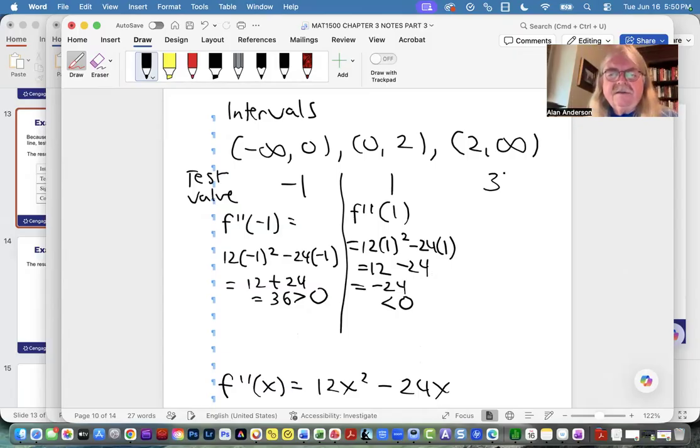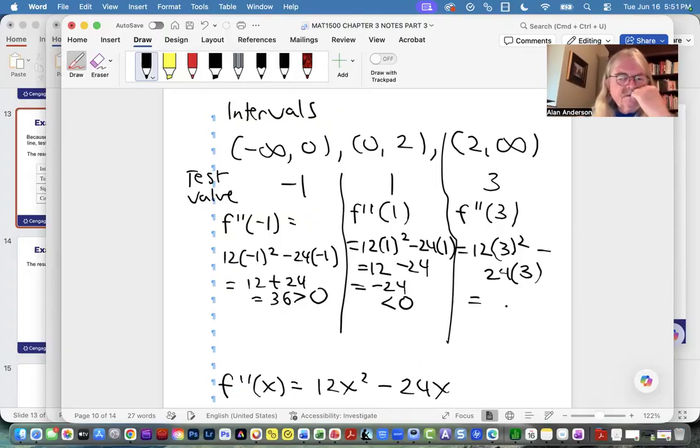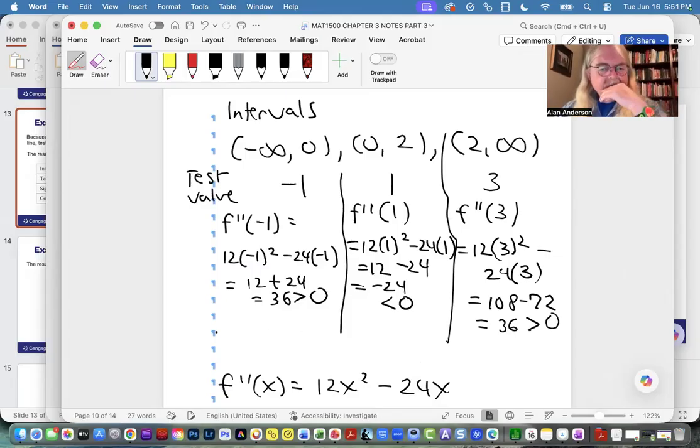Then it goes to negative, and then f double prime of 3 is 12 times 3 squared minus 24 times 3. 9 times 12 is 108. Okay, so here we are concave up.